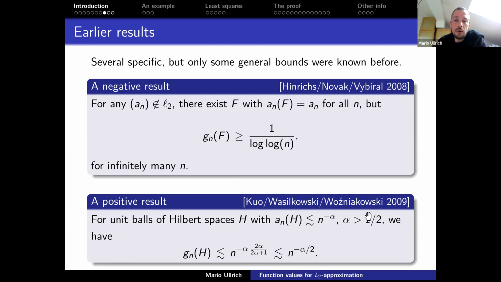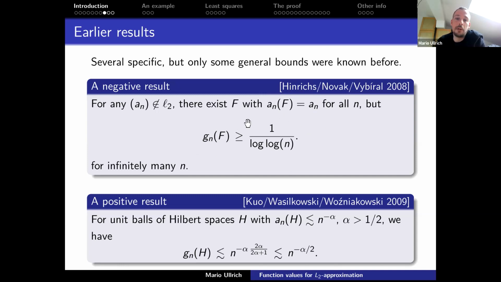So what the next step basically was, I think this result is older than the other one, although the years are different. If you have a sequence that is not in L2, so if the decay of the approximation numbers is not large enough, then there exists a space such that the approximation numbers are like these a_n, but the sampling numbers decay arbitrarily slowly.